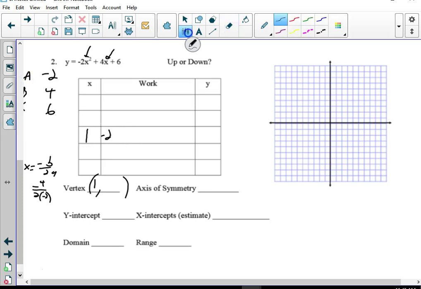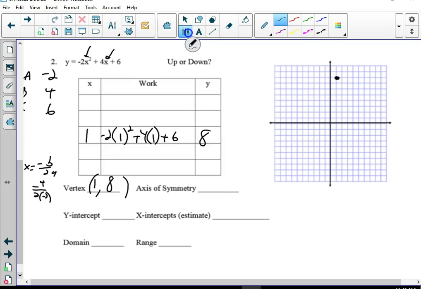So -2 times 1 squared plus 4 times 1 plus 6. 1 squared is 1 times -2 is -2. 1 times 4 is 4. 4 minus 2 is 2 plus 6 is 8. You can just type this in your calculator if you need to, that's fine. You should be able to do it mentally, but whatever. So that gives us a vertex of 1, 8. And I'm going to put that on right now. 1, 2, 3, 4, 5, 6, 7, 8.